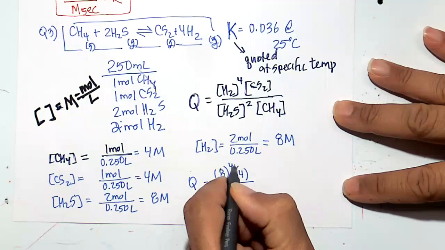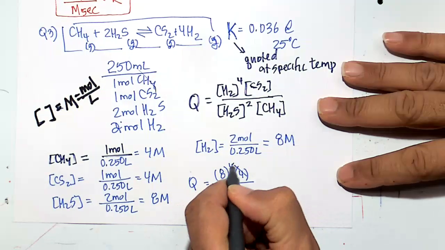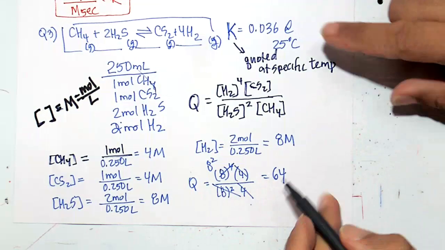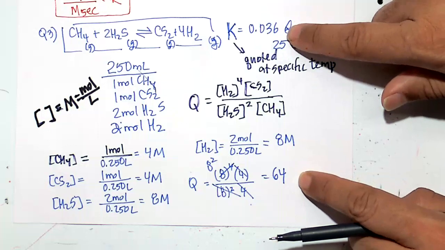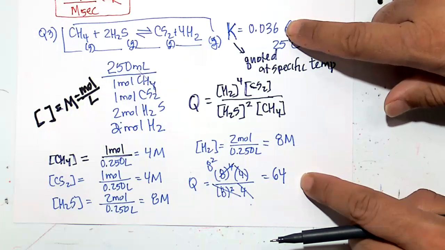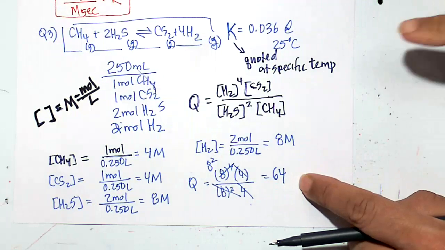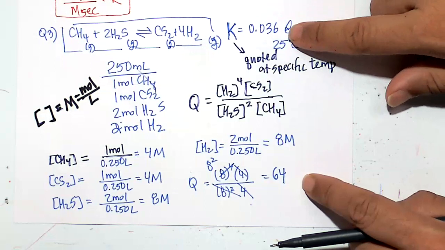Okay, so the 4's cancel. The 8 squared cancels, leaving this with 8 squared. So Q is 64. Are we at equilibrium? If equilibrium is 0.036 and we're getting 64 under these conditions, under these concentrations, are we at equilibrium? Okay. Heck no, we're not.